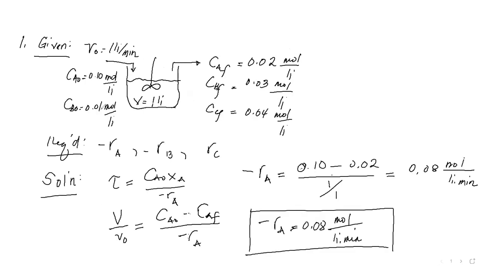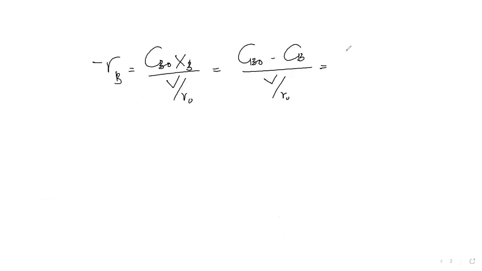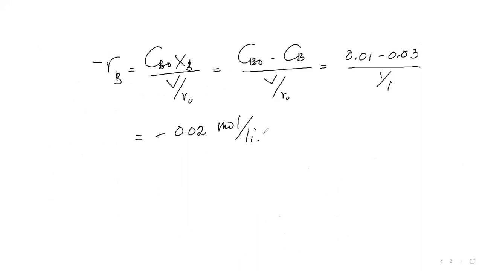CBO is 0.01, CBF is 0.03. 0.01 minus 0.03 divided by 1 over 1. Now, what is it that you have observed? This is negative, right? 0.02 mole per liter per minute.